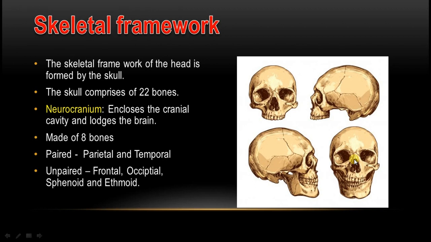If you look, you can appreciate the ethmoid bone. So these are the bones forming the neurocranium: a pair of parietal bones, a pair of temporal bones, and an unpaired frontal, occipital, sphenoid, and the ethmoid bone.